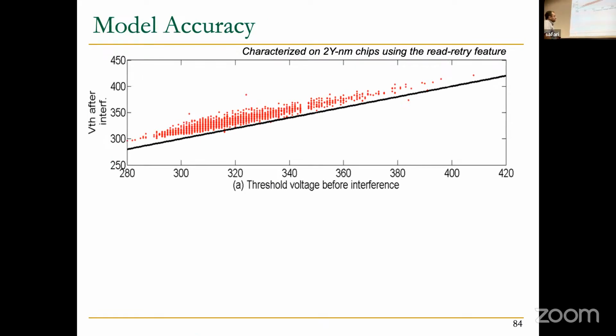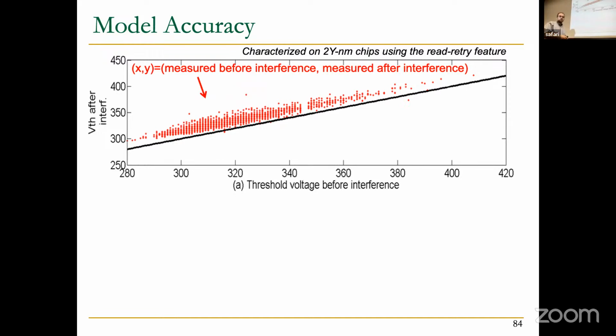In this analysis, we want to show the accuracy of the model. The red dots are measurements of the threshold voltage. In this figure, we have the threshold voltage after interference and the threshold voltage before interference.